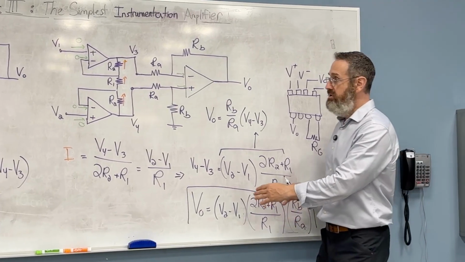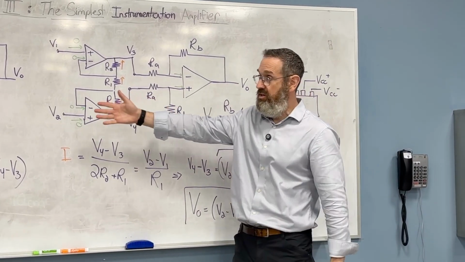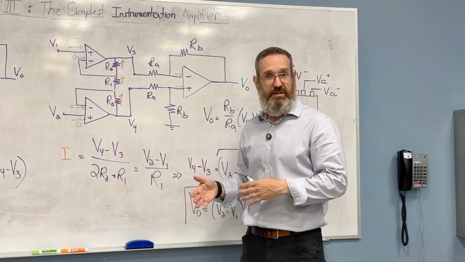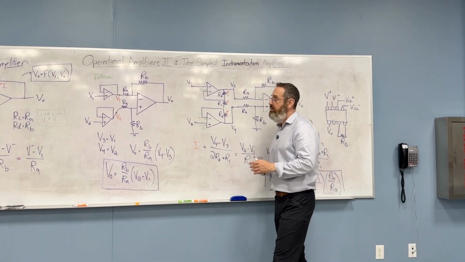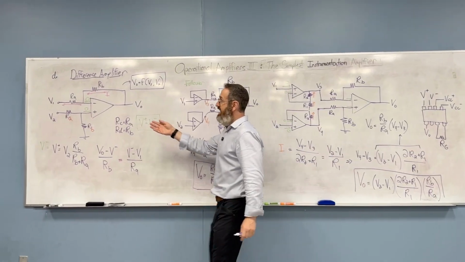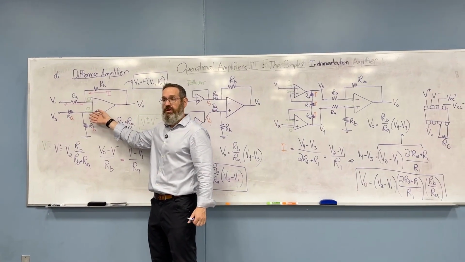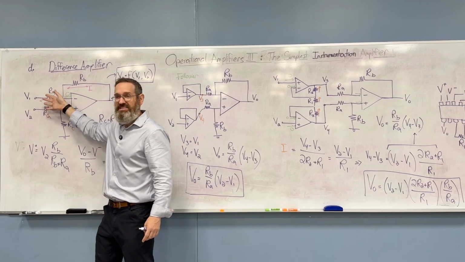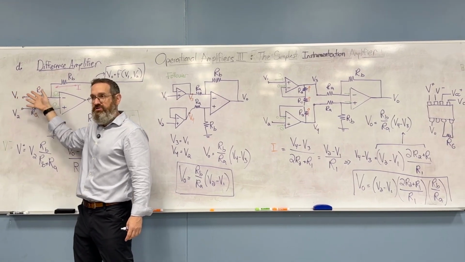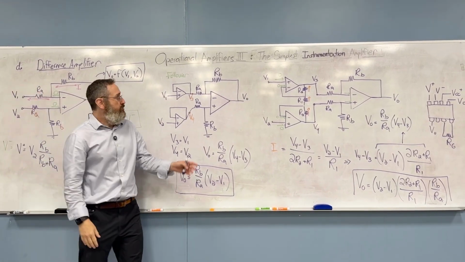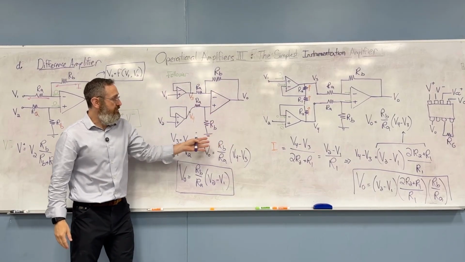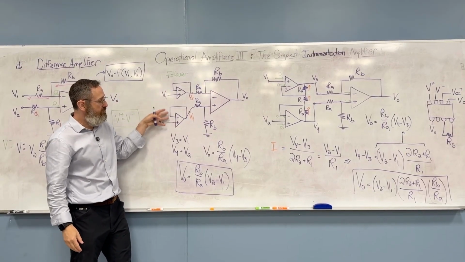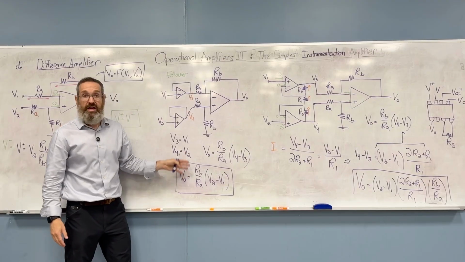So if you actually were to compare it to the other circuits that were here, what did we gain? Maybe we gained something from the difference amplifier, right? Because I told you the difference amplifier has this issue that I don't like, where there's these sort of hanging ends. And we took care of that using this circuit here, right? In this circuit, the hanging ends were gone, and we had this equation, right?